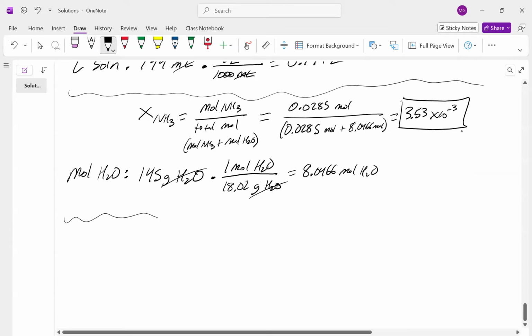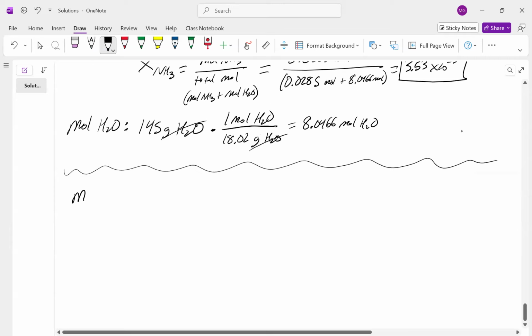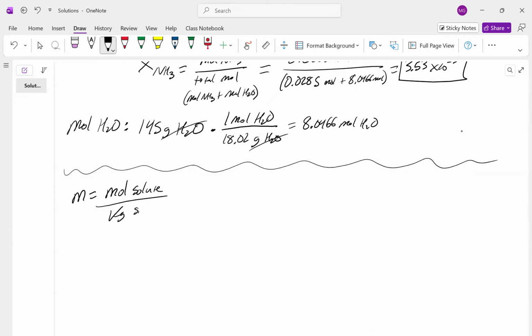And now let's calculate the molality. So molality, again, lowercase m, is moles of solute over kilograms of solvent. All right, well, we already have moles of solute. That's the ammonia. And we can quickly get to kilograms of solvent because we have 145 grams of water.